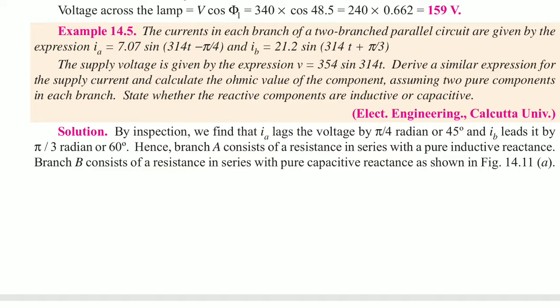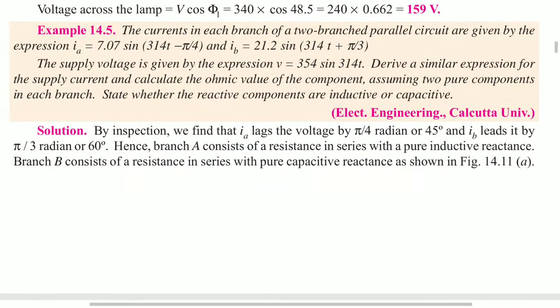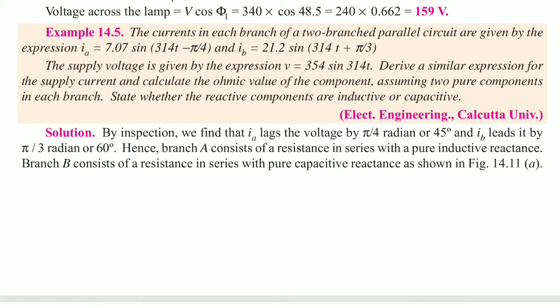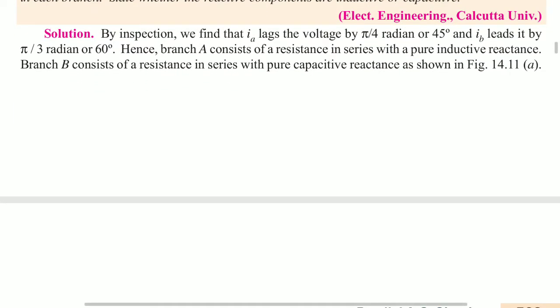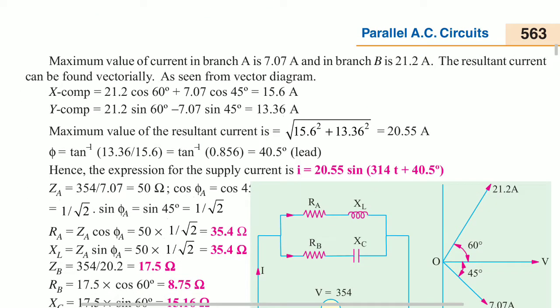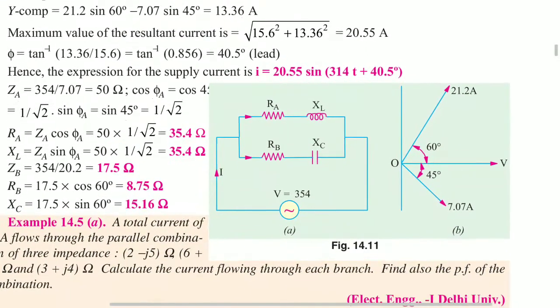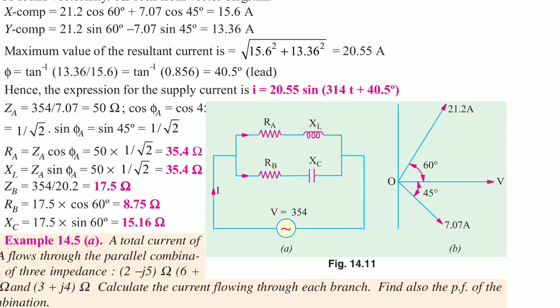Hence branch A consists of a resistance in series with a pure inductive reactance. Branch B consists of a resistance in series with a pure capacitive reactance. See here, this is the figure.